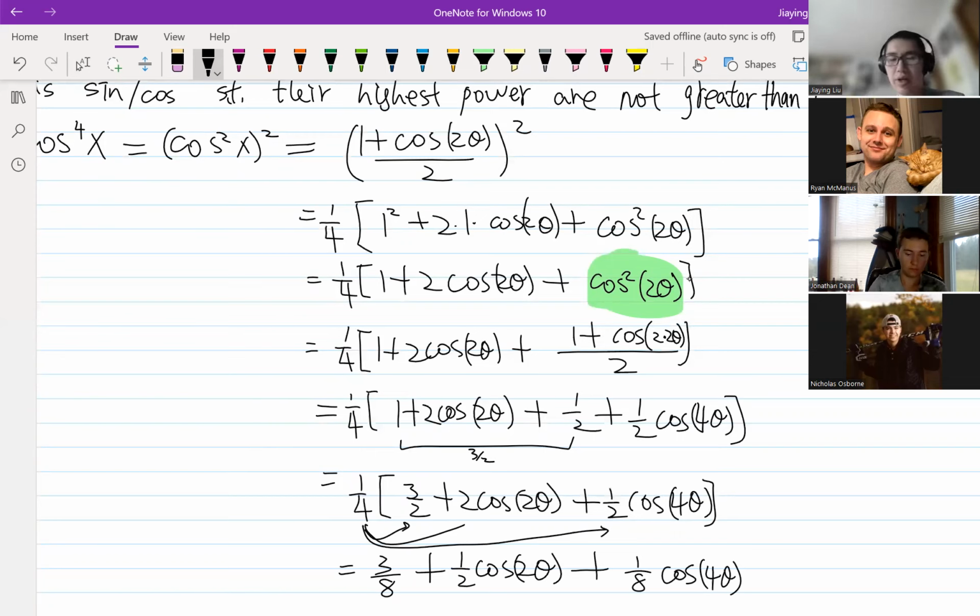So now we just have a sum of cosines, and no cosine has a power more than 1, although the multiples of theta increased in the cosine function.